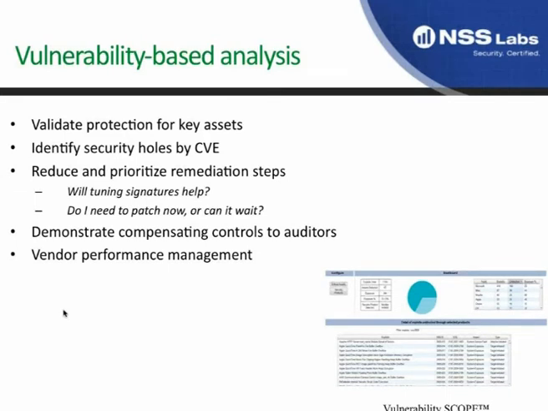Because if you've got a large organization with 10, 20,000 machines, applying patches to that number of machines is non-trivial. So you can often use an IPS to demonstrate that it's a compensating control if you fall under various audit requirements like PCI or whatnot. So you can keep that in mind.